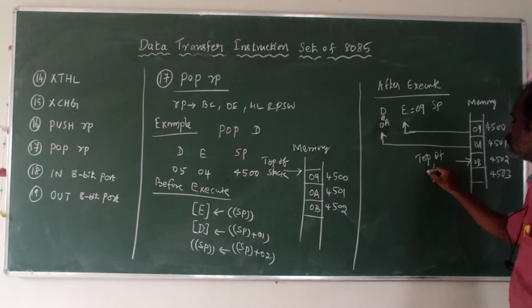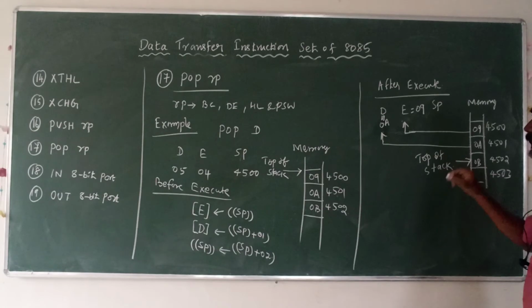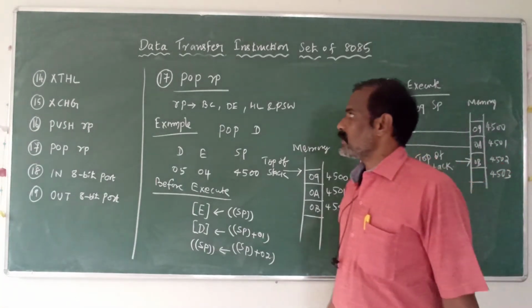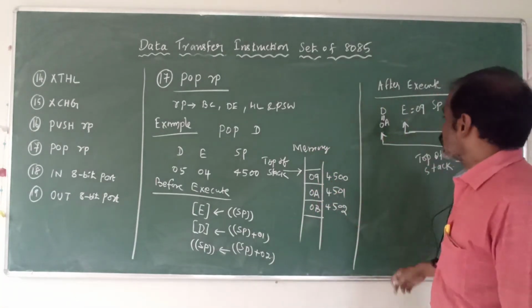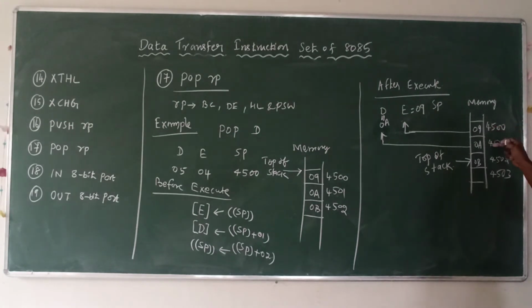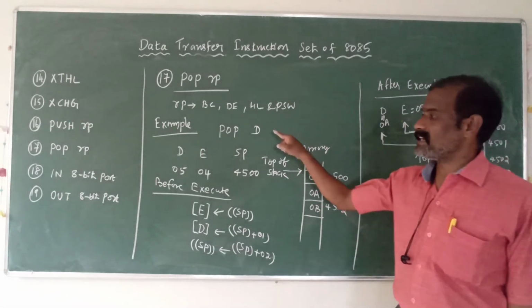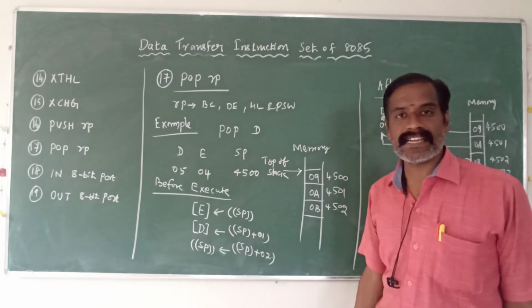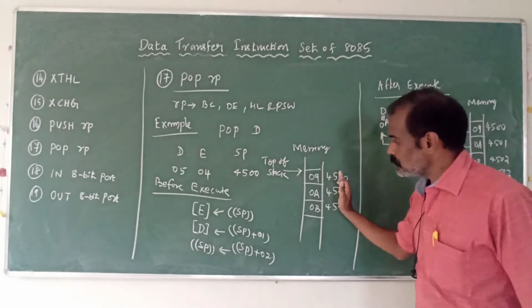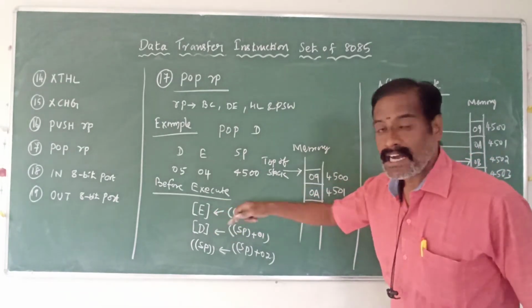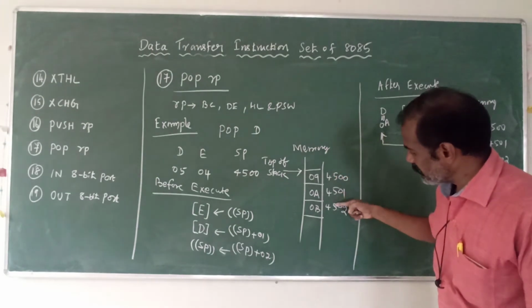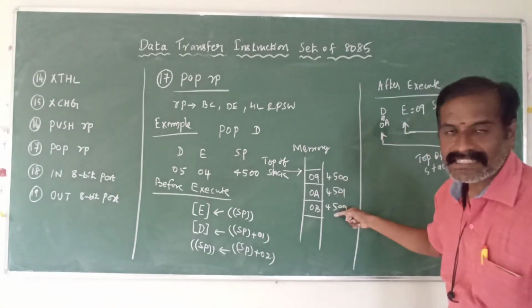Here, in the pop instruction, the stack pointer address will be incremented twice. To retrieve the data from the stack to that particular register, the stack pointer address will be incremented twice.